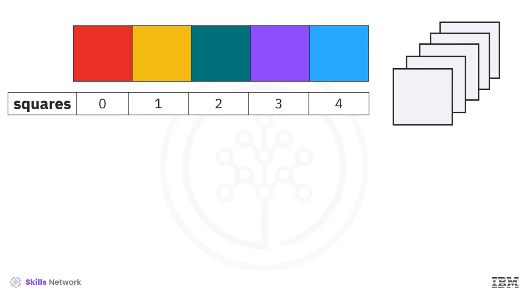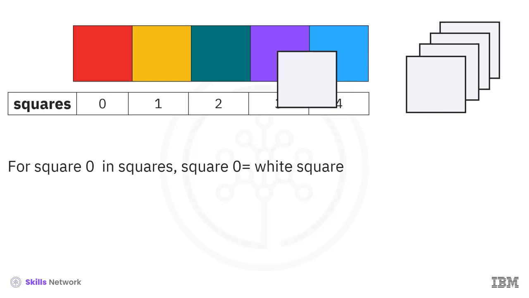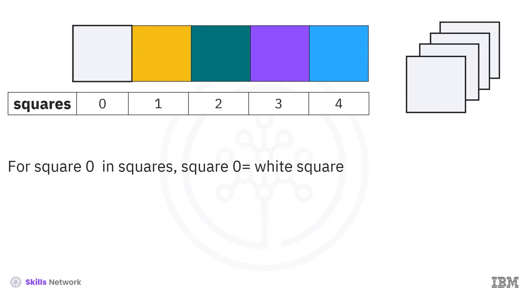Let's give each square a number to make things a little easier, and refer to the whole group of squares as squares. If we wanted to tell someone to replace square 0 with a white square, we would say: replace square 0 with a white square. Or we can say: for square 0 in squares, square 0 equals white square.